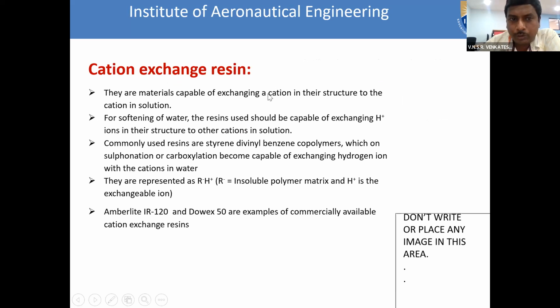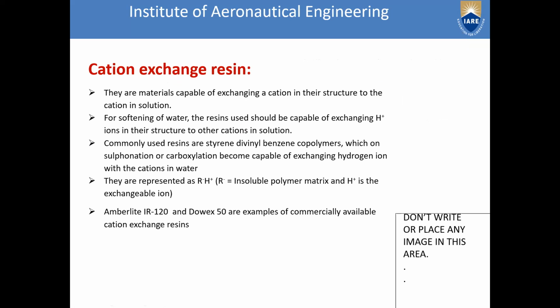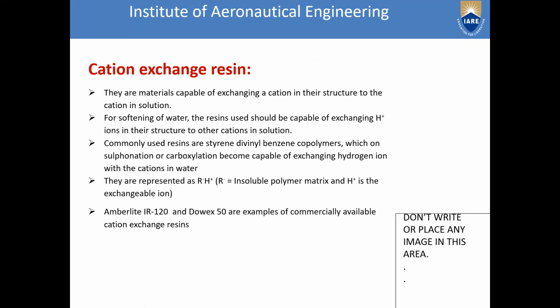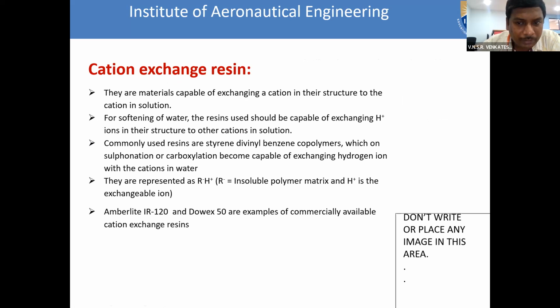Okay, ma? So this is about the cation exchange region. What is the general representation for cation exchange region, ma? RH, where R means insoluble polymer matrix. What is the H+ role?